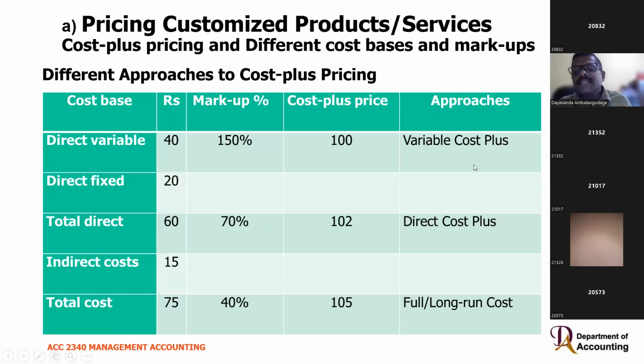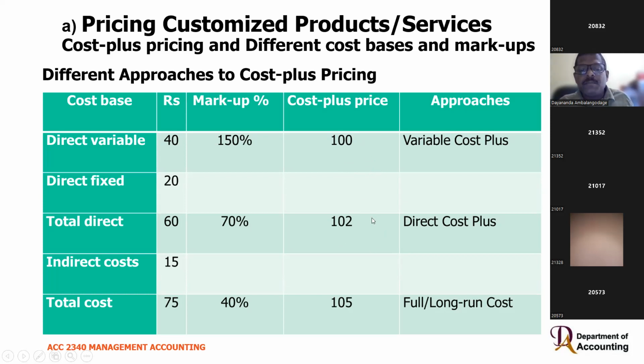For example, you may say the unit price is 100. If you feel there is a greater demand and customers are ready to pay more than 100 rupees, then you will say the price is not 100, but 110, 112. Or if you feel this is not acceptable and very difficult to play in the market, you may say 98 rupees, something like that.